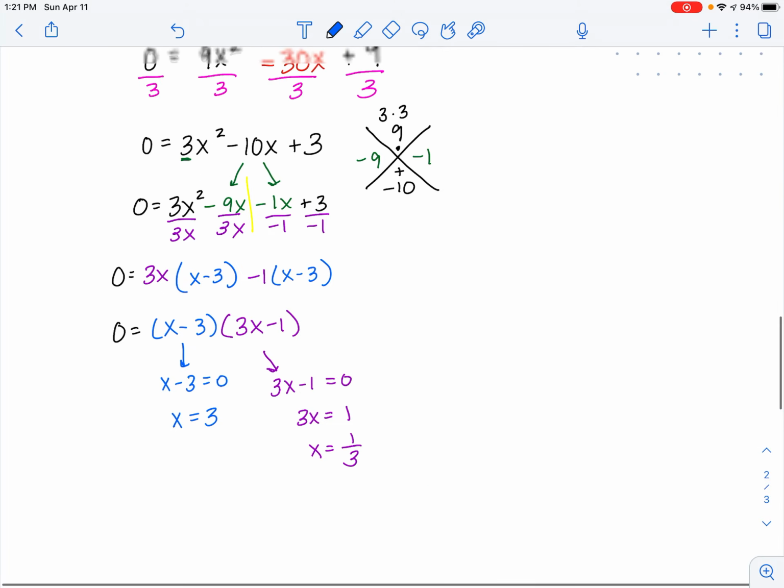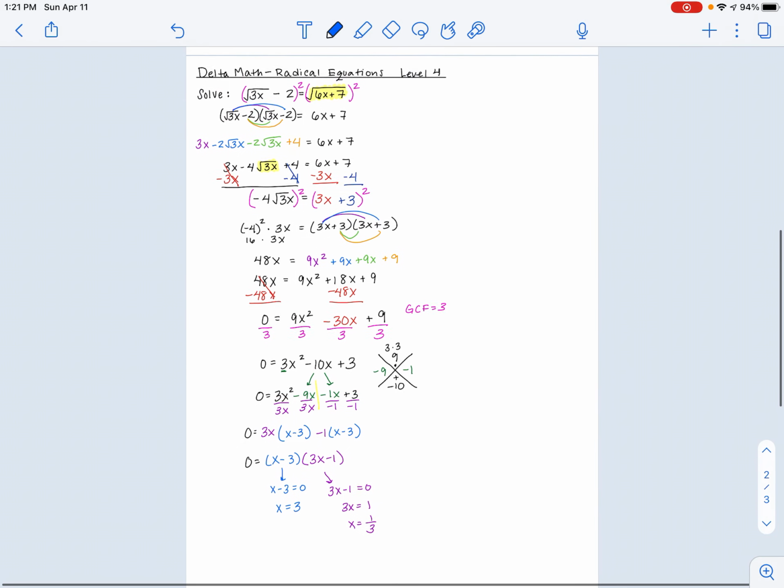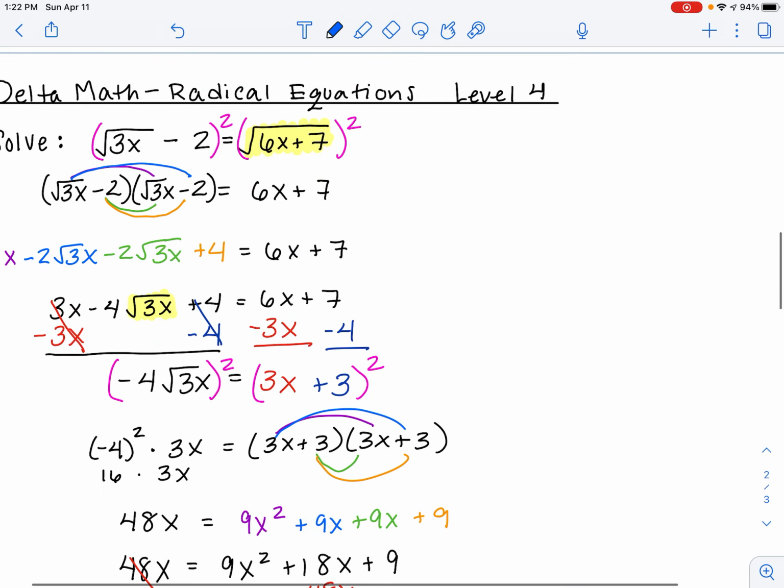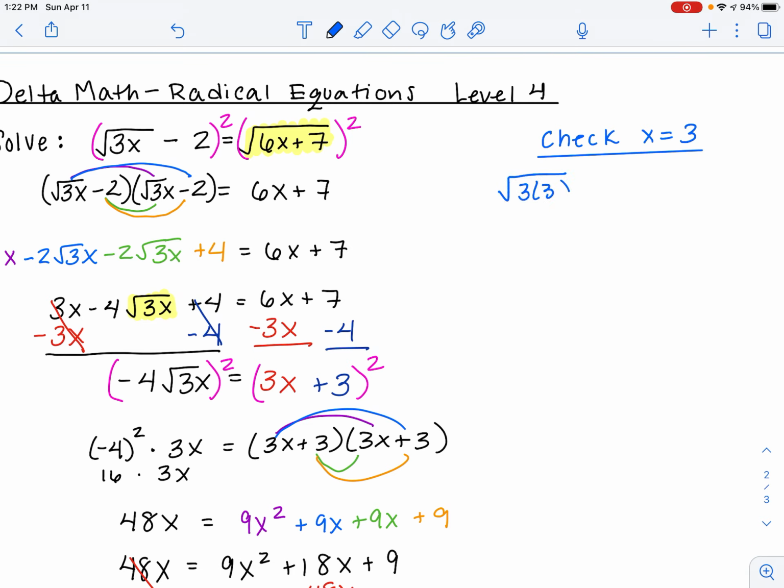So now, zoom back out, look at all this algebra we've done. We still have to check our answers. I'm going to go ahead and check x equaling 3 first, because that seems easier. I'm just going to go back up here so I can actually see the problem. If I plug in 3, I get the square root of 3 times 3 minus 2 equals the square root of 6 times 3 plus 7, just replacing the x's with 3.